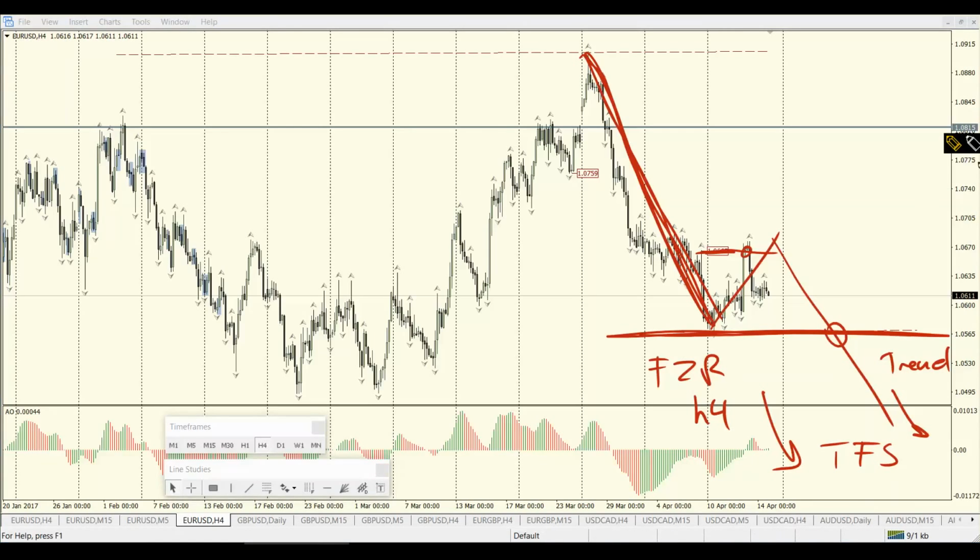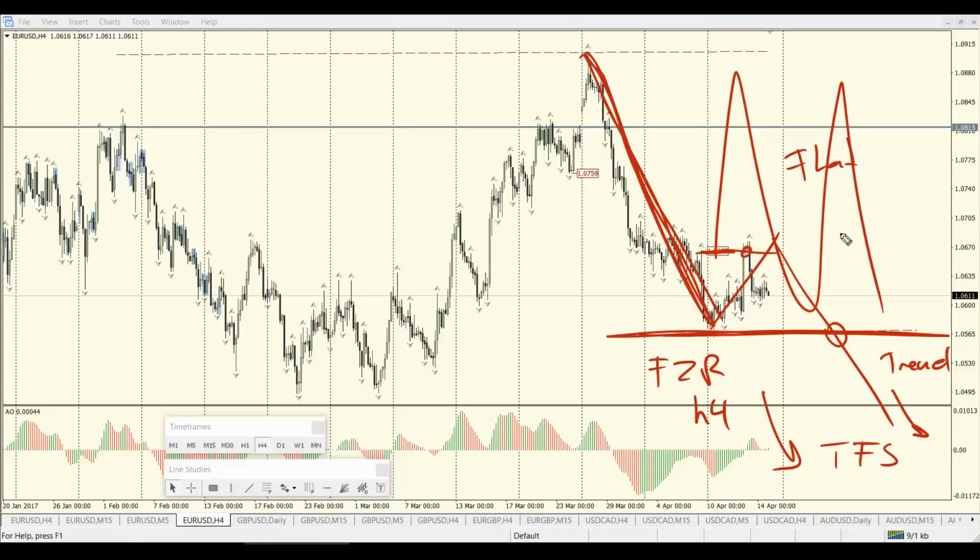But as long as we're between those reference points, the flat phase will proceed, and I will stay out from this pair and will do nothing with it. So we will see what happens next week. We'll see if we will break through that point. If not, then not. All right, let's go to the next pair.